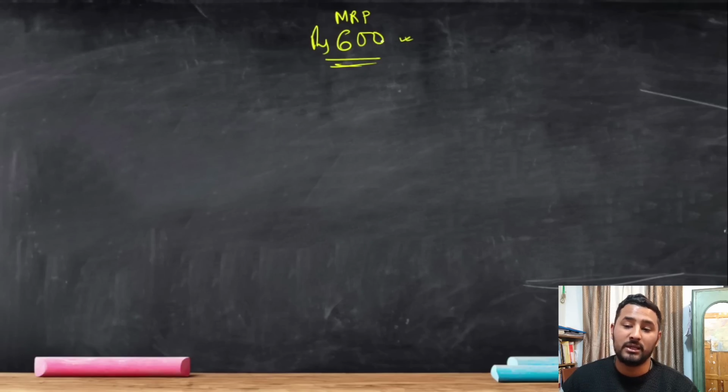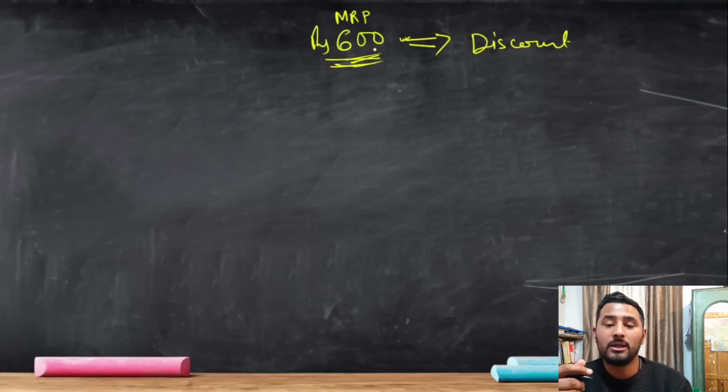So what does that mean? They are giving some kind of discount, right? If the actual price is 600, and the shopkeeper just gives it at 600, then it will be a very big profit for him. But being a customer, we need some kind of discount.